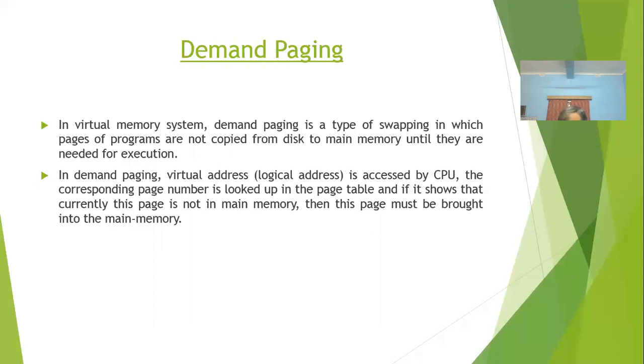When we want to execute a particular process, we swap it into the memory. Now, rather than swapping the entire process into the memory, however, we may use the concept of a lazy swapper here. What is a lazy swapper? A lazy swapper never swaps a page into memory unless that page will be needed. And a swapper manipulates the entire process, whereas a pager is concerned with the individual pages of a particular process.